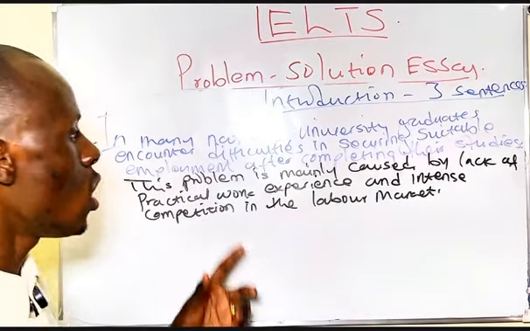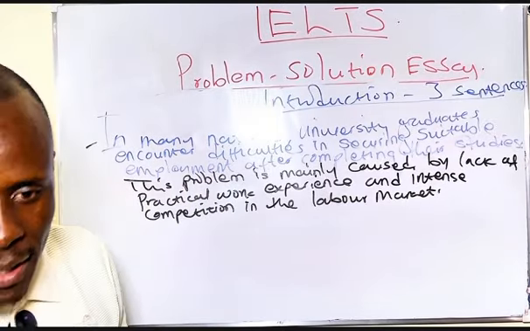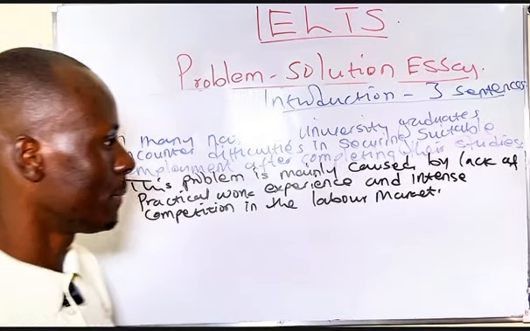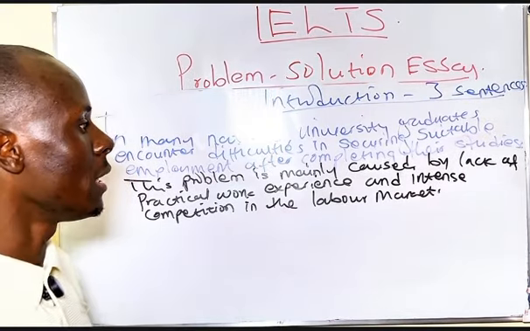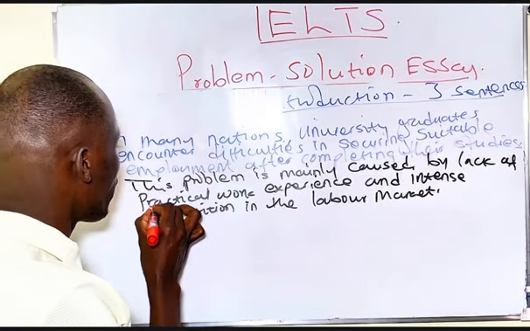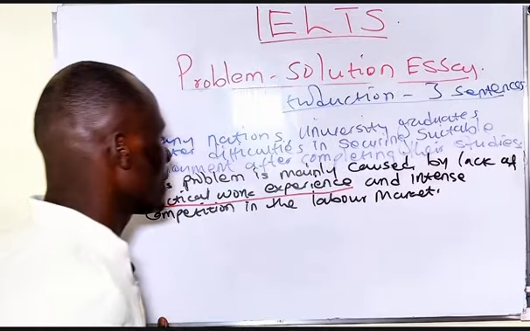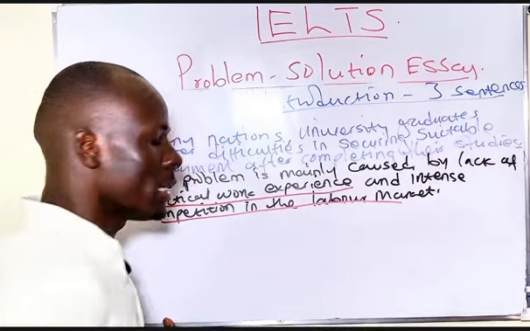So we have at least 2 reasons why this is happening. Why are university students struggling to secure suitable jobs? It is because of lack of practical work experience and intense competition in the labor market.